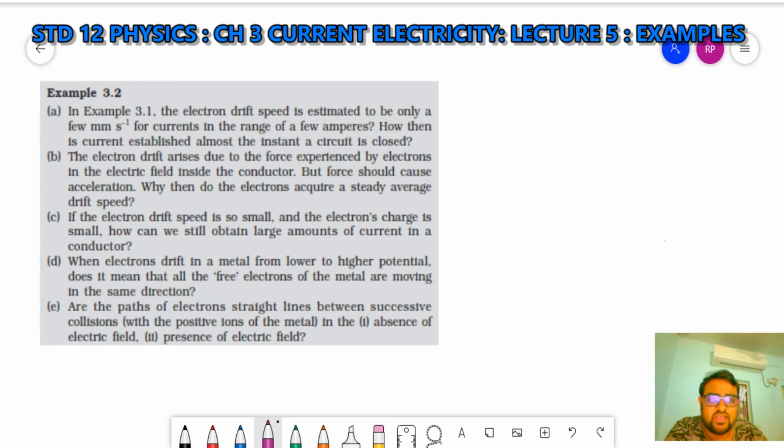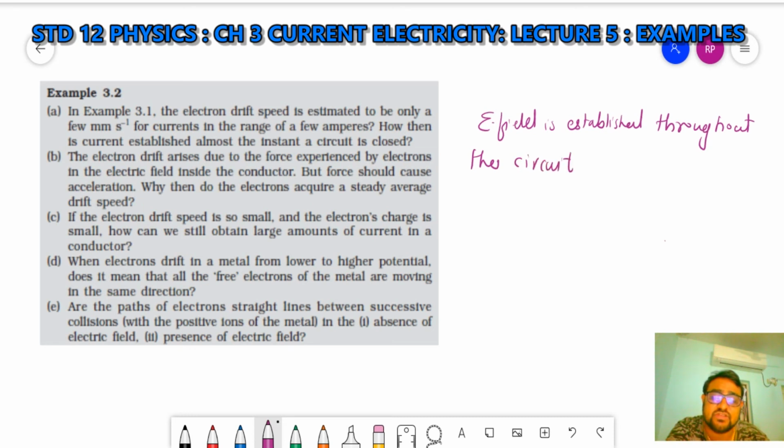Now see here, the electric field is established throughout the circuit. It's not only one point. The electric field is established throughout the circuit instantly with the speed of light, that is 3 into 10 raised to 8.